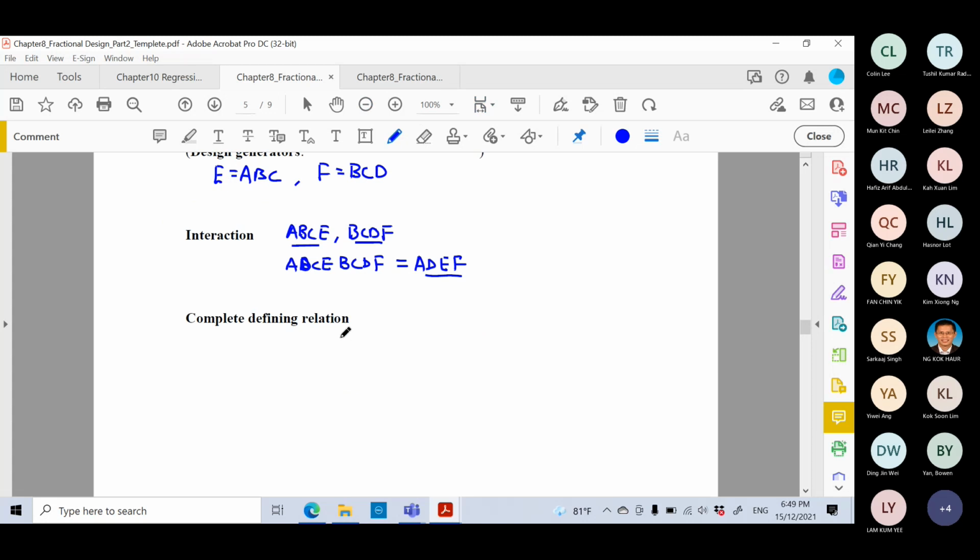A complete defining relation of all these will be: the first one, I equals ABCE; the second one, I equals BCDF, as mentioned here; and the third one, I equals ADEF. So these three are the defining relation here.